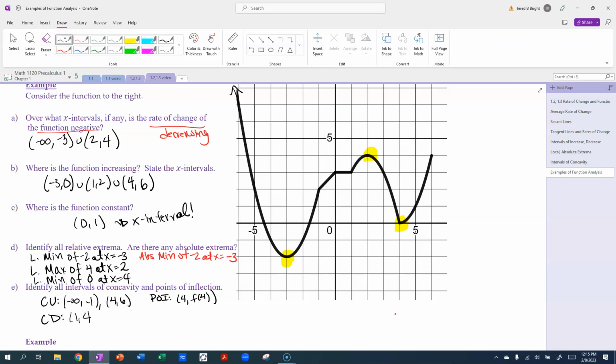And then concavity. Concavity was a little tricky. So where is it concave up, where's it a bowl shape? From negative infinity to... sorry, -1, my bad. From -1 to 0, yes, it is increasing, but it isn't bendy. It's a straight line.